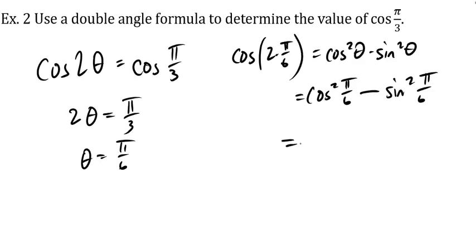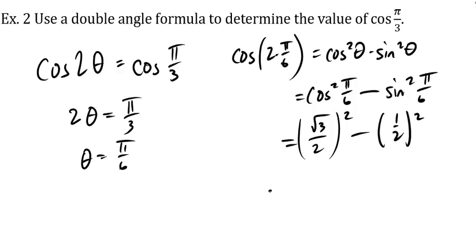What is cos of pi by 6? Root 3 over 2 all squared, minus, what is sine of pi by 6? Kevin, what's sine of pi by 6? 1 over 2 all squared.